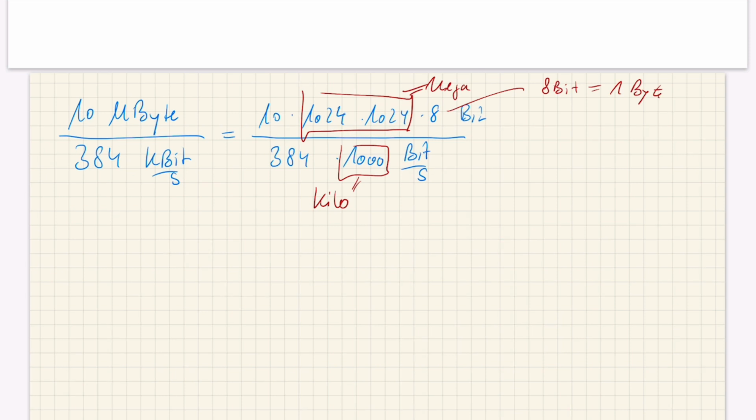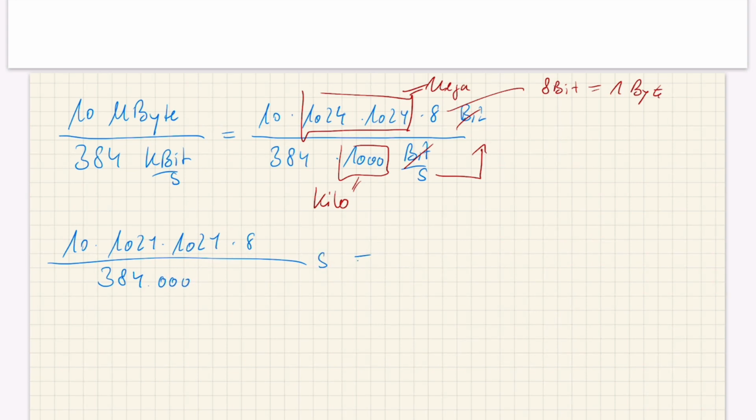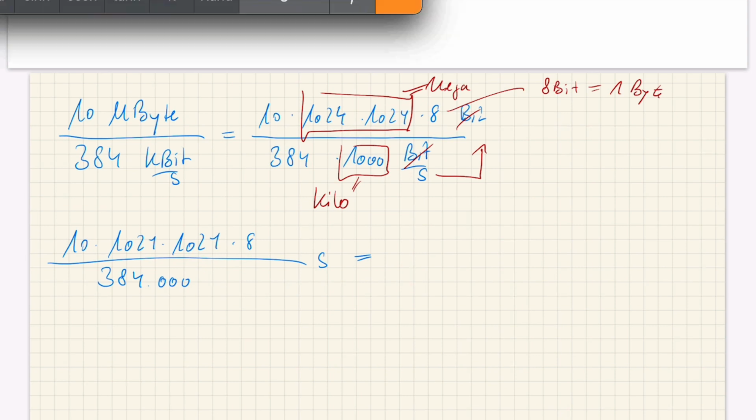And of course we can simplify, put the units away, put the seconds in here, and we end up with 10 times 1024 times 1024 times 8 divided by 384 times 1000 seconds. And now again, make use of the table calculator.